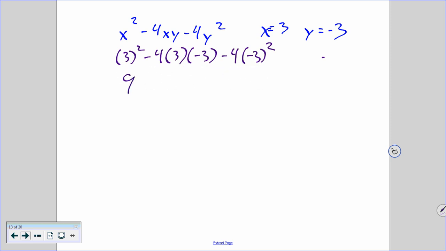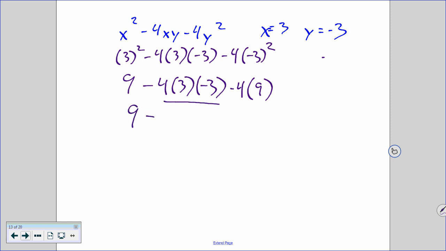This is 9 minus 4 times 3 times -3 minus 4 times, well, -3 times -3 is going to be +9, right? Okay, now we're moving along. We're doing our multiplication. 4 times 3 is 12. 12 times -3 is going to be -36.